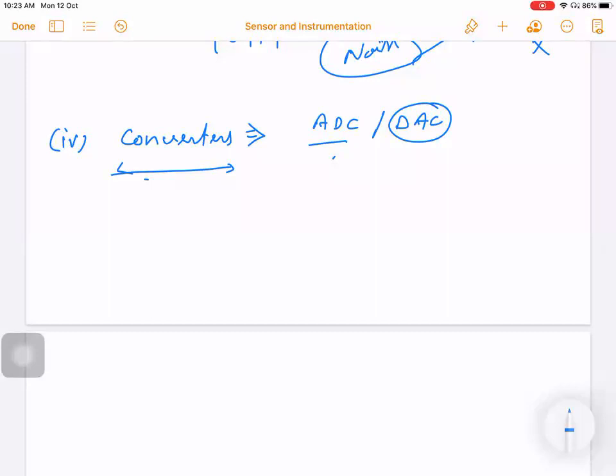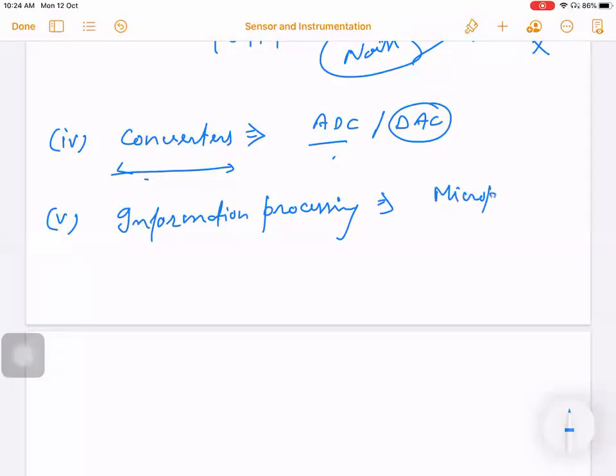Okay, now the next one is information processing. Okay, so for processing information, the component used is the microprocessor and microcontroller for controlling the command.